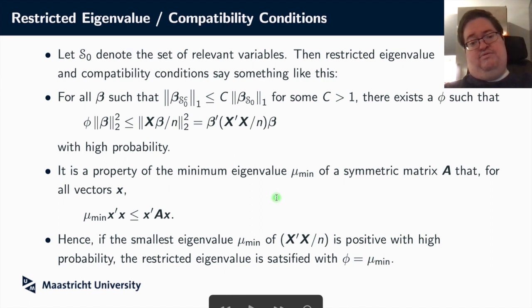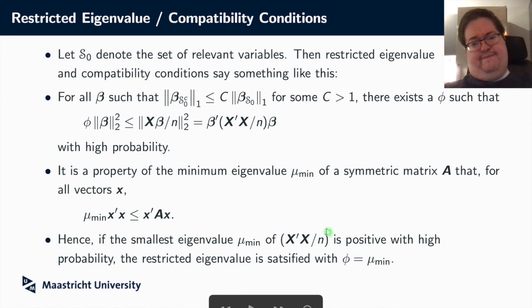So we can show that if you take a symmetric matrix A and you look at the smallest eigenvalue of that symmetric matrix, then the smallest eigenvalue times x prime x is smaller than or equal to x prime A times x for any vector x. So this looks very much like what we have in this condition here, where our x is now beta and our A is capital X prime capital X over n.